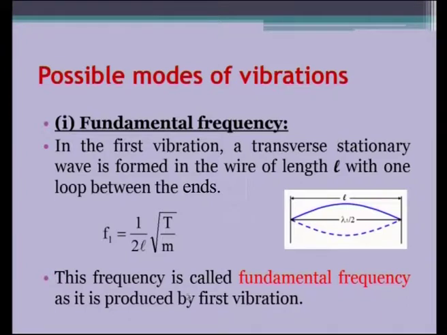So, it is taken as the first frequency, denoted as F1, and we have the terms having the same meaning. This frequency is also called the fundamental frequency as it is produced by the first vibration. The first vibration is called the fundamental frequency, which is denoted as F1 here.